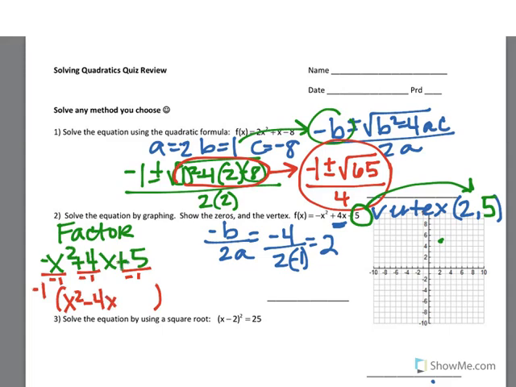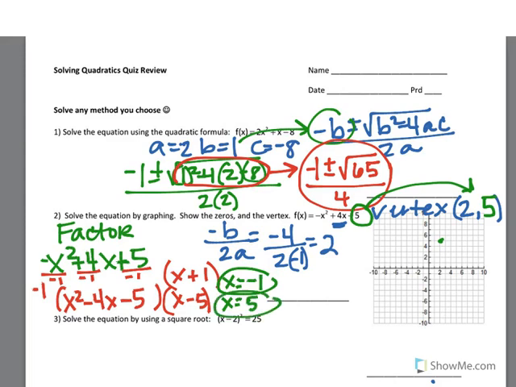But I would want to find something that would multiply to get me to negative 5, but then add to get me to negative 4. And my two factors would be x plus 1 and x minus 5. Now if I set those equal to 0 and solved, then I know that my x's on the x-intercept would just be negative 1 and positive 5.